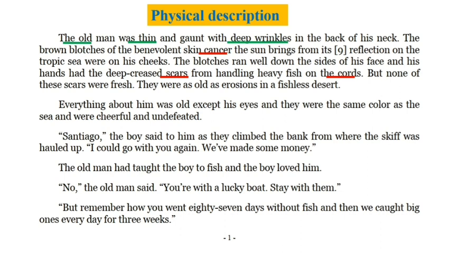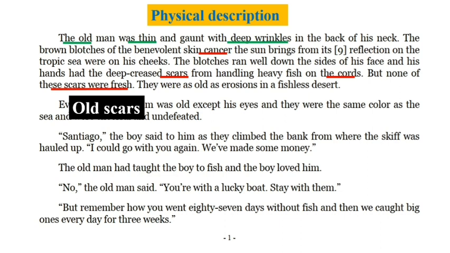But none of these scars, the scars on his hands, were fresh, which means they were old scars, caused by catching heavy fish and pulling cords or ropes in fishing. That suggests that it has been a long time since the old man managed to catch any fish.